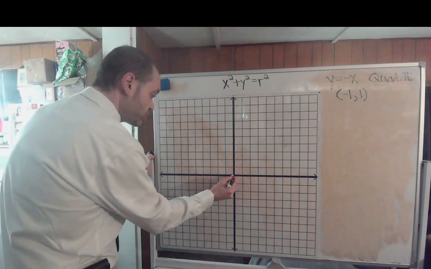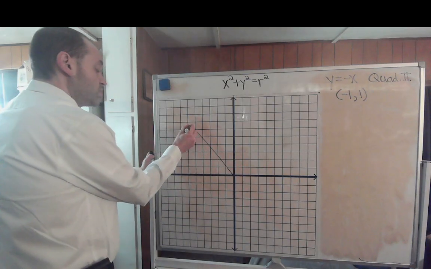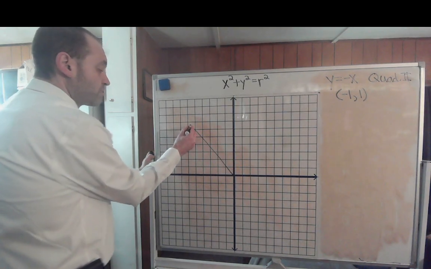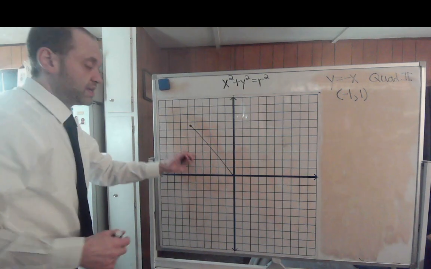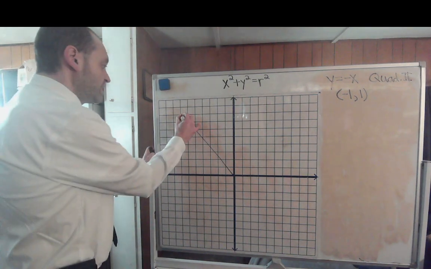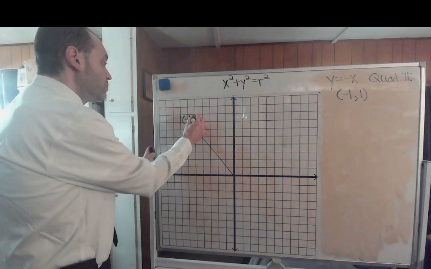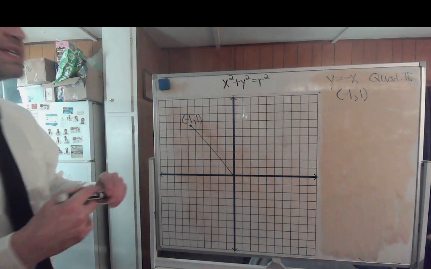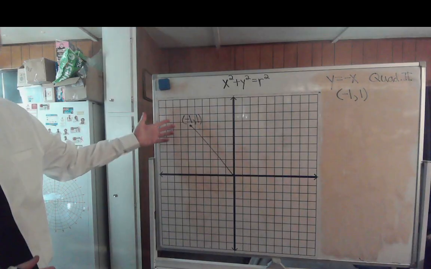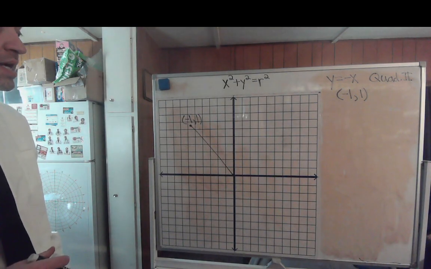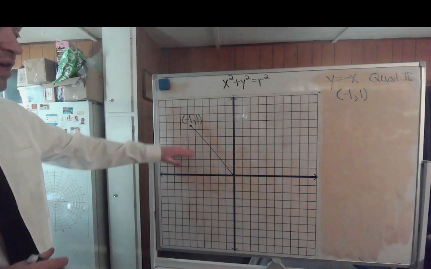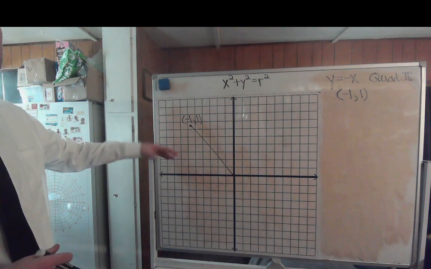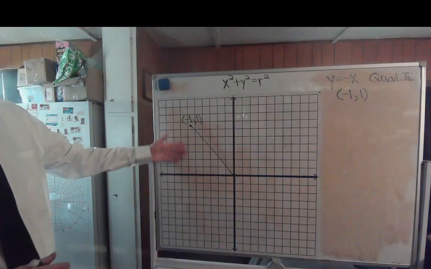So we can actually then say that the endpoint of the terminal side of the angle lies at negative 1, 1. We could have picked negative 2, 2, any of them really, okay? And in theory, yes, we should graph this line properly, but really we're just trying to figure out trig values.